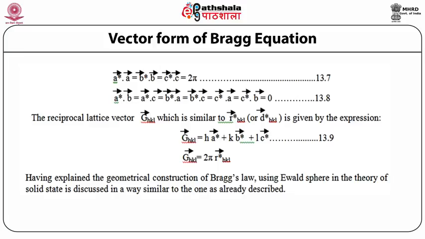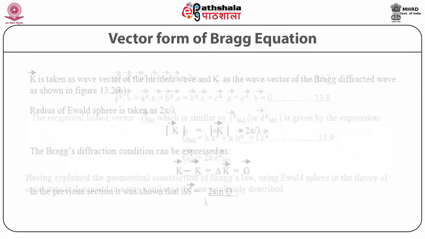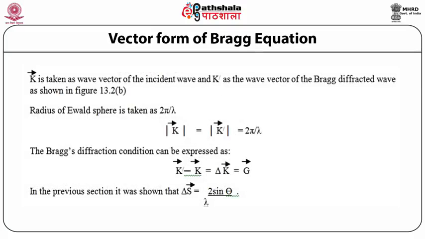Having explained the geometrical construction of Bragg's law using the Ewald sphere, in the theory of solid state it is discussed in a way similar to the one already described. K vector is taken as the wave vector of the incident wave and K prime as the wave vector of the Bragg diffracted wave, as shown in figure 13.2b.